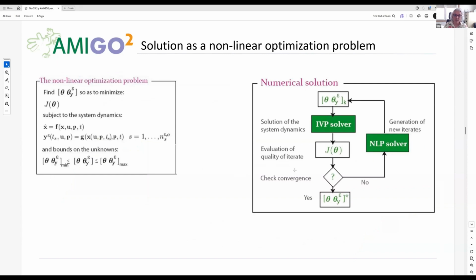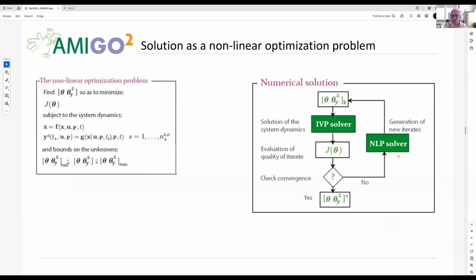So the problem is formulated and solved within AMIGO as a nonlinear optimization problem. We could think of a very naive way of solving the problem, just running hundreds and hundreds of simulations of parameter values and trying to see which one best accommodates the data. But in AMIGO, we solve it as an optimization problem using a frequentist-based approach.